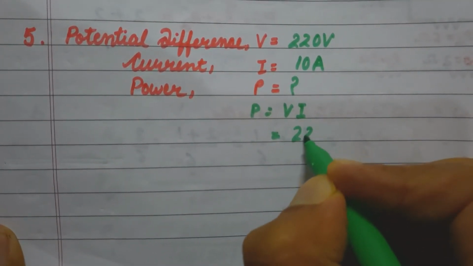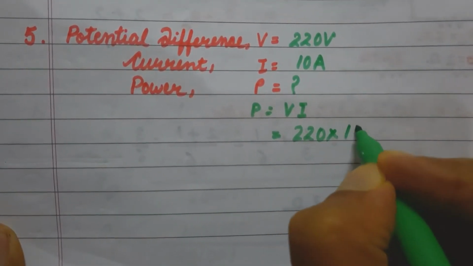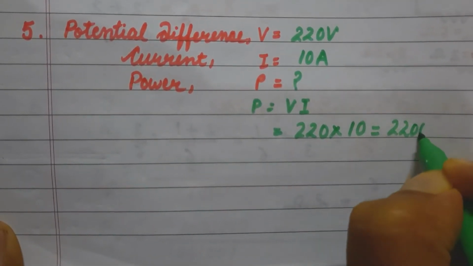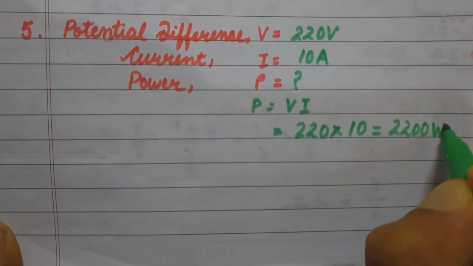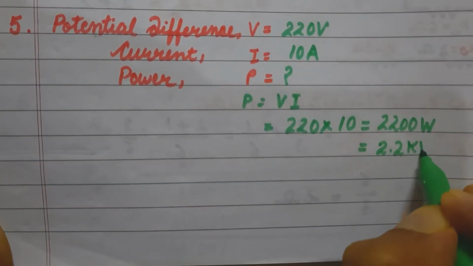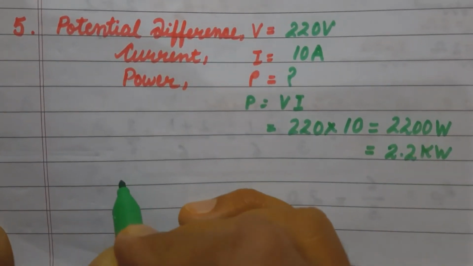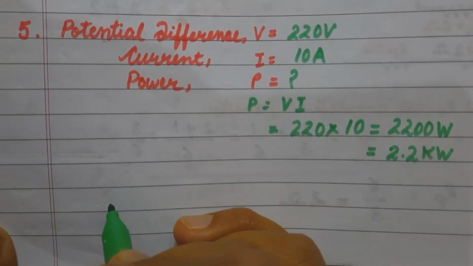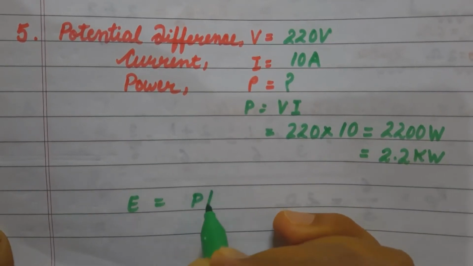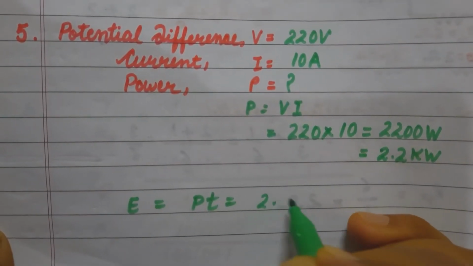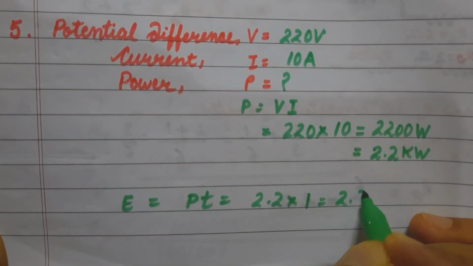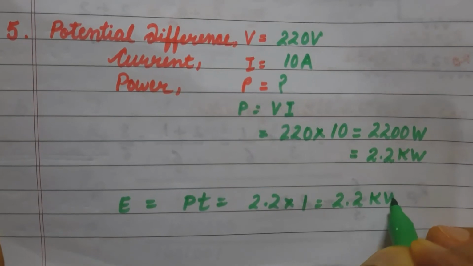V is 220, I is 10, so it is 2200 watt. It can be written as 2.2 kilowatt. Second part, we have to calculate energy, the electrical energy consumed. E equals P into T. P is 2.2 times 1 hour. So it is 2.2 kilowatt hour.